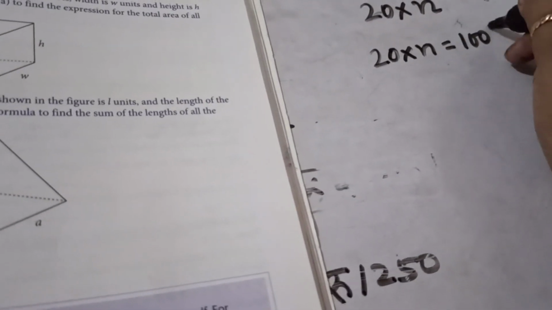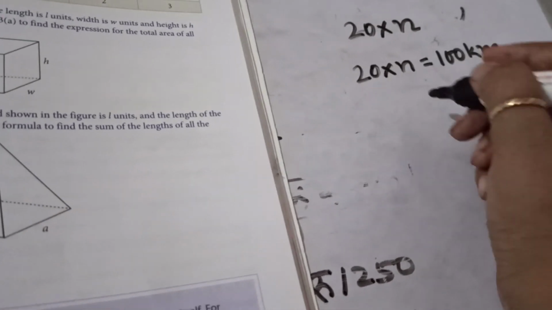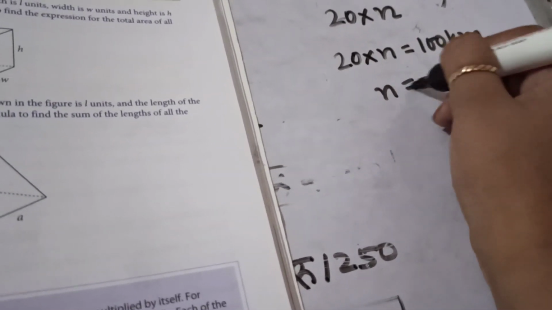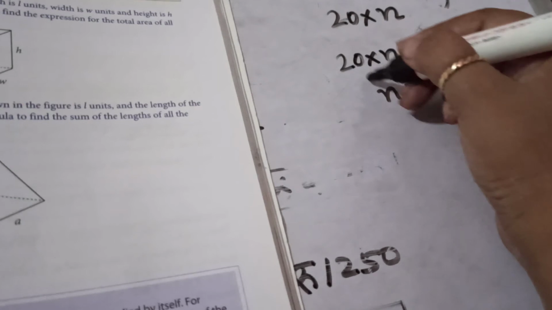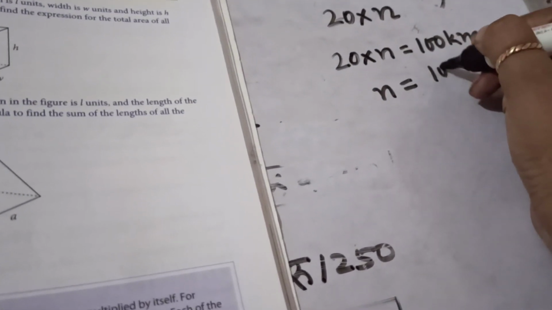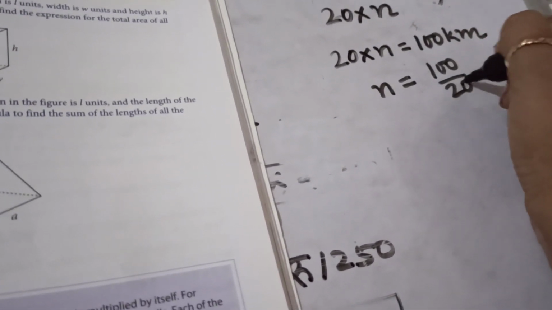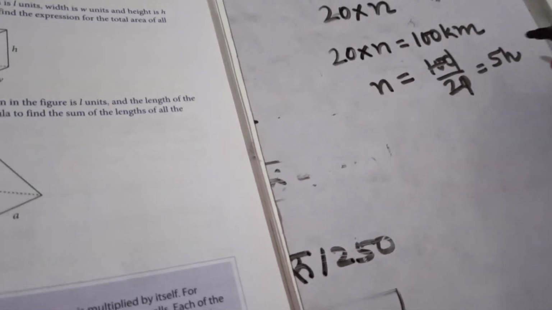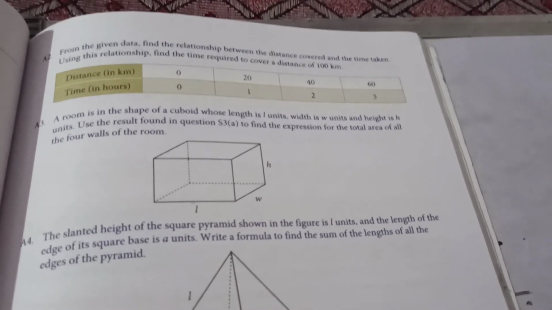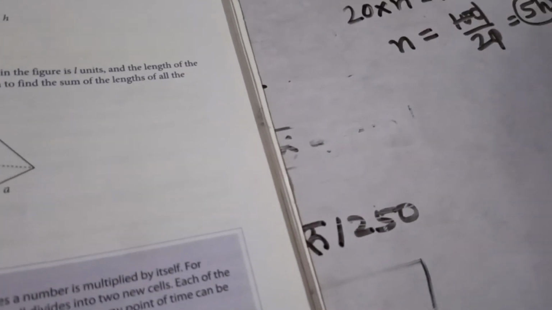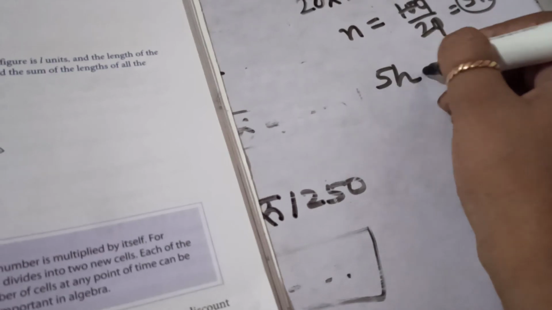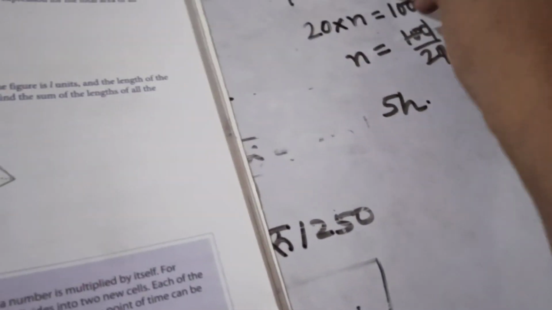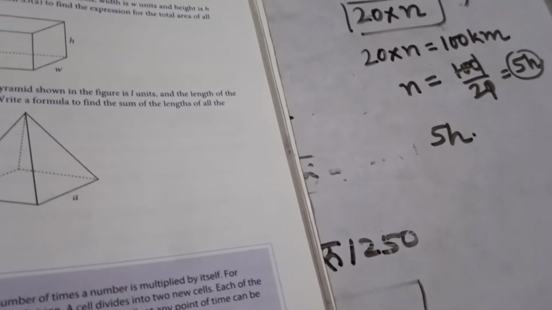Time required we have to find. So this will be equal to 100 km. And here this 20 is in multiplication, so when it changes the side, it goes in division. 20 fives are 100. So 5 hours. So how much time is required to cover the distance of 100 km? 5 hours. And the expression is 20 multiply n.